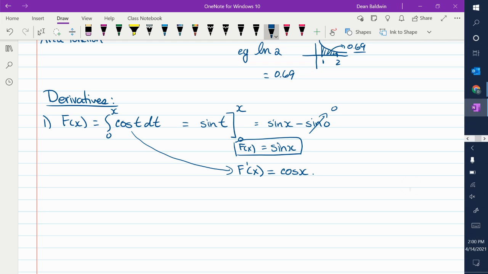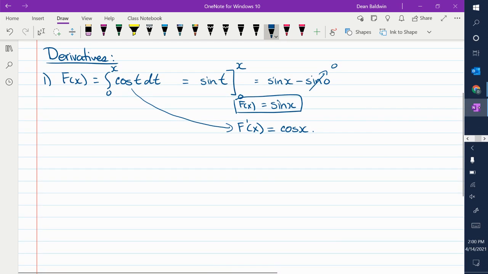So if I gave you something like this, f of x is equal to the integral from 2 to x of, what's a good function? Three t squared.